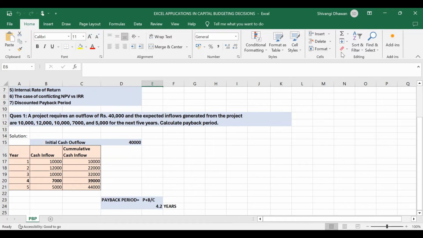But when your cash inflows are not equal, or they are unequal, then payback period can be calculated using the formula P plus B by C, where P is number of years immediately preceding the year of final recovery, B is balance amount to be recovered in the year of final recovery, and C is cash inflow in the year of final recovery.